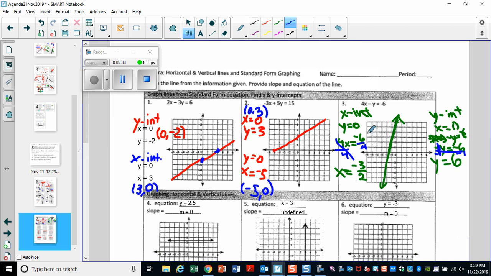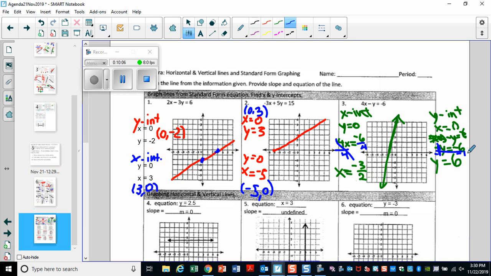Problem 3 we did in class on Thursday. I'm not going to go over that one, but really quick, in some cases you can have x-intercepts or y-intercepts that are fractions. This one, x-intercept, y is 0, x equals -3/2. Here, for the y-intercept, x is 0, so you have negative y equals negative 6. Remember, that's a negative 1 times y.